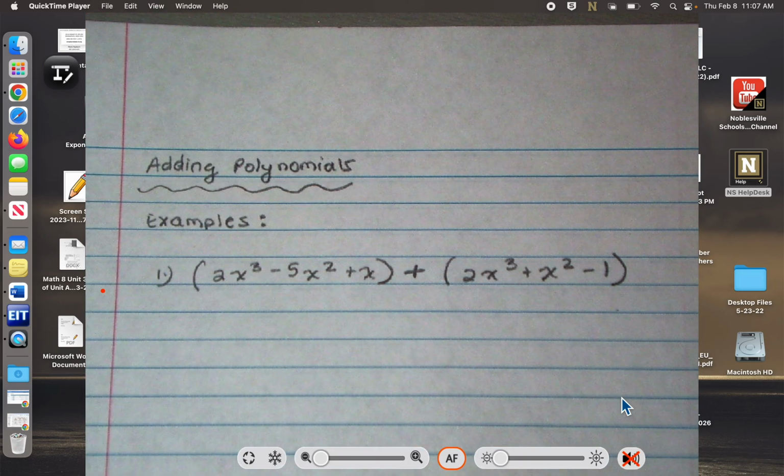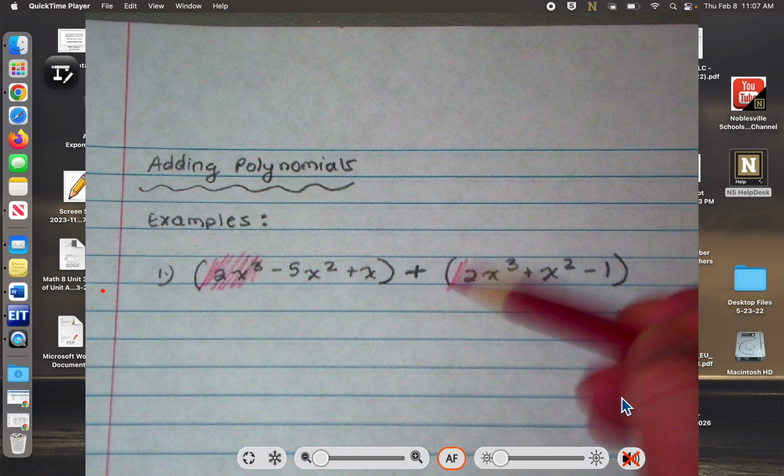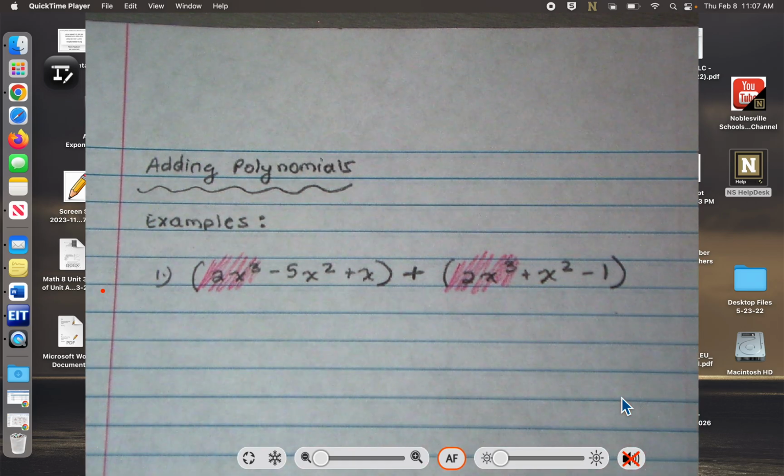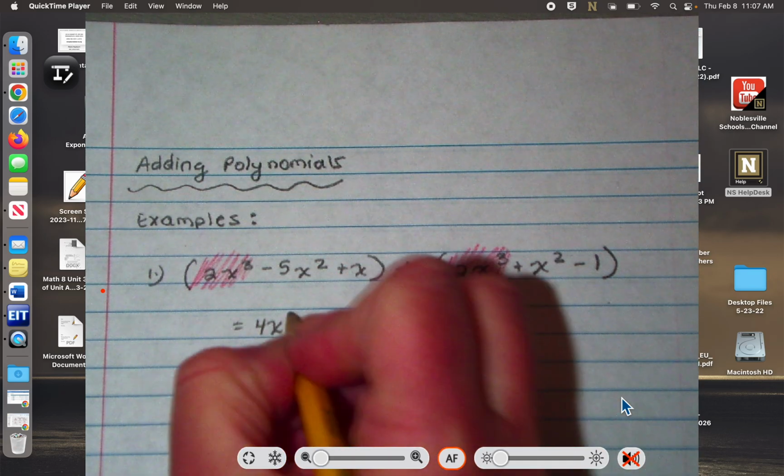So right here, I can see that I have 2x's to the third and another 2x's to the third. I can add those because they both have the same variable and exponent. So how many total x's to the third do I have? 4. 2 plus 2 is 4, right? So I have 4x to the third.